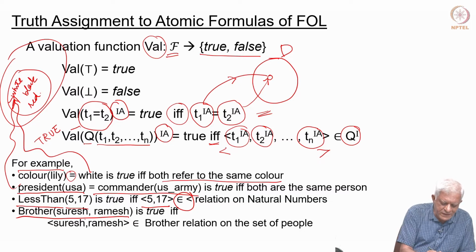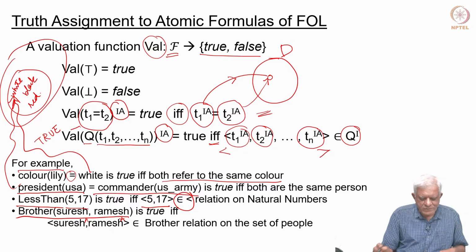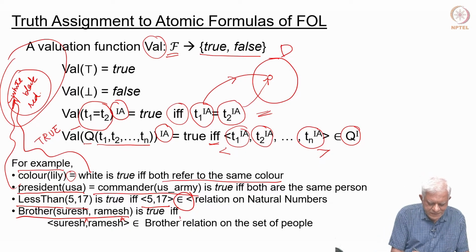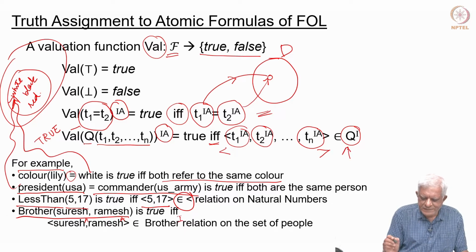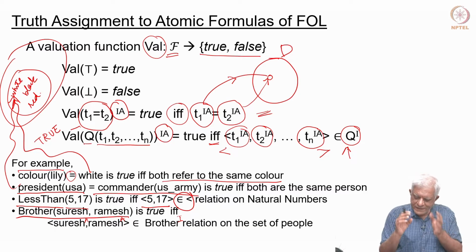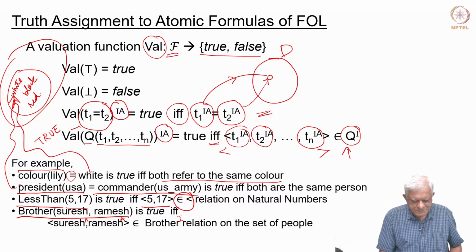So, only under A I should have written that A here essentially, but anyway. So, I hope that does not cause any confusion. Likewise, this brother is under the mapping I, that is what we said here, right, that the relation name or the predicate name in the mapping I gives you a relation in the domain. So, we are assuming that the same names carry forward. So, that does not cause any confusion.